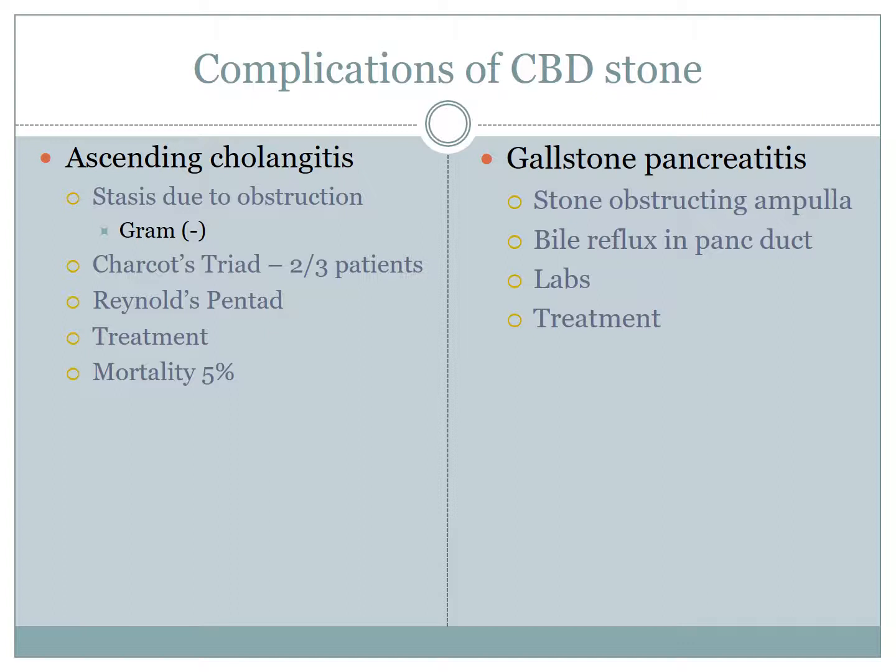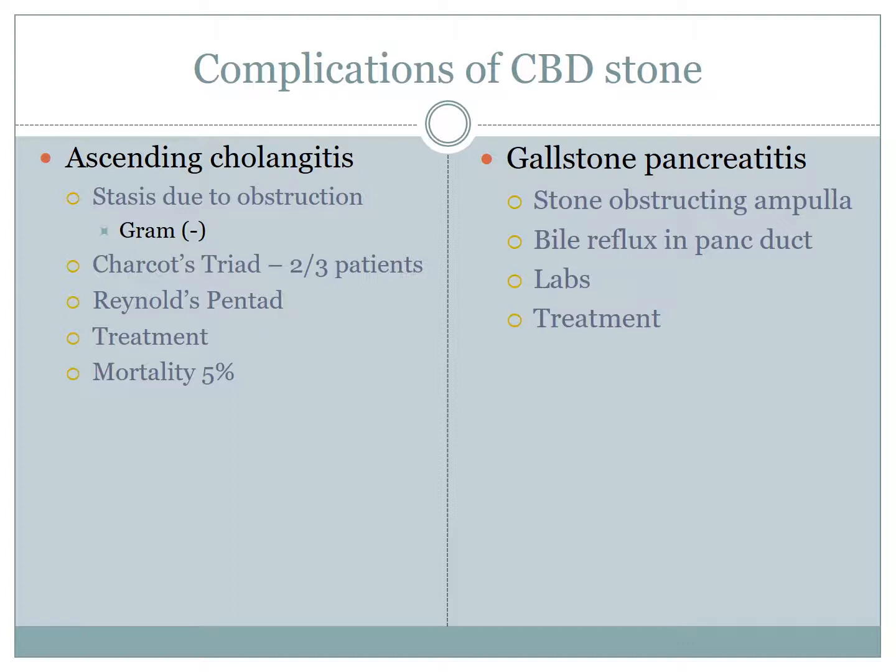I know you guys talked about Charcot's triad in med school: right upper quadrant pain, fever, and jaundice. It's present in two-thirds of patients, and you have to have a high clinical suspicion. Someone comes in jaundiced, with a 103 fever, and their labs, especially their LFTs, are all out of whack.